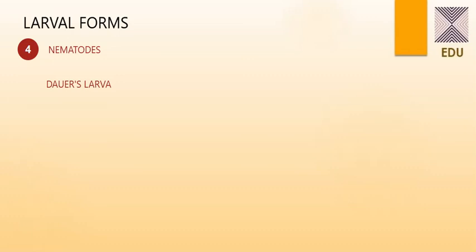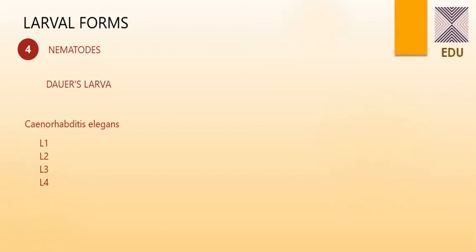If I have to depict these larval forms in C. elegans, that will be L1, L2, L3 and L4. Now whenever the L4 stage is achieved, the animal molts to the reproductive adult final stage. So after L4, the final adult is formed.